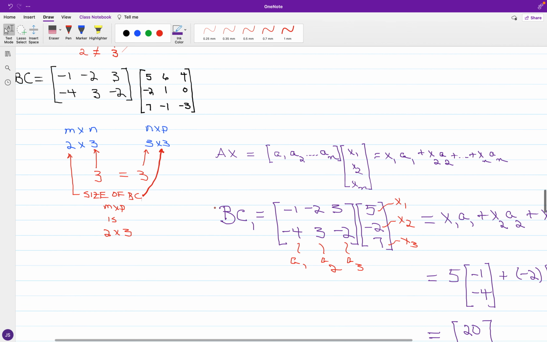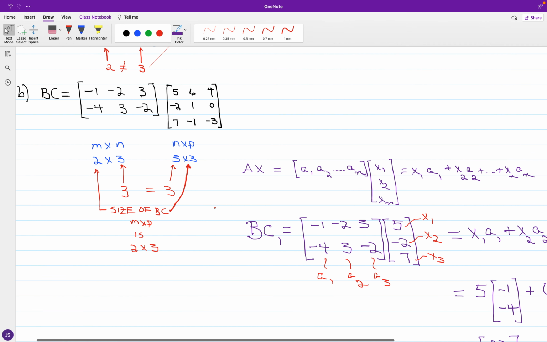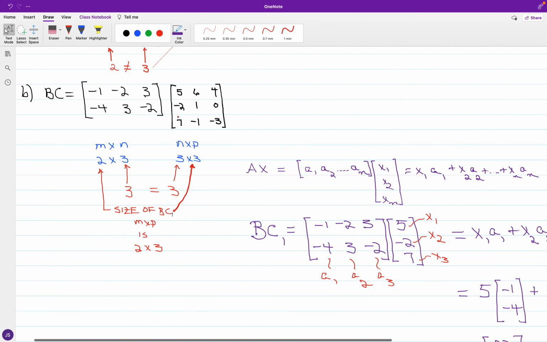All right, and so in the case of the layout, just carrying over the algorithm we have here, if I take B and look at C column by column, like B times C of 1, so got matrix B, and C of 1, again, we have 5, -2, and 7, and then distributing over A of 1, A of 2, and A of 3 in matrix form, respectively.